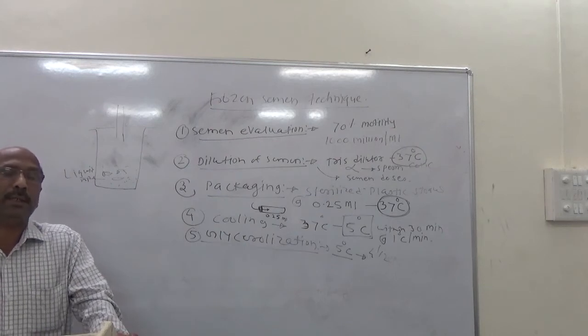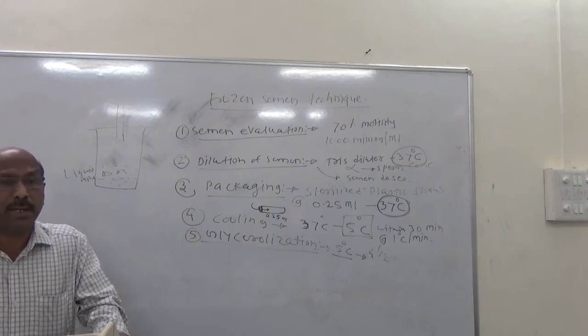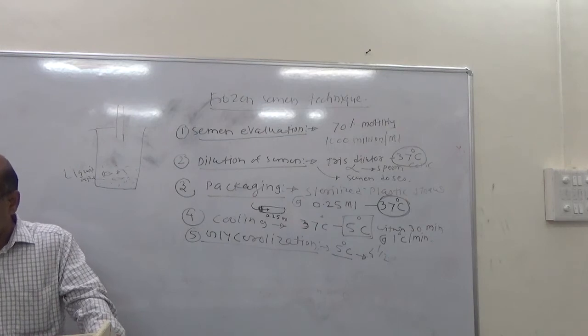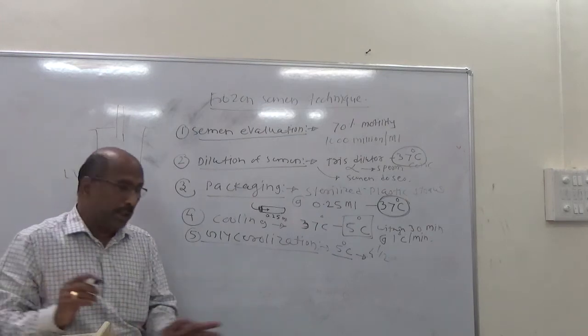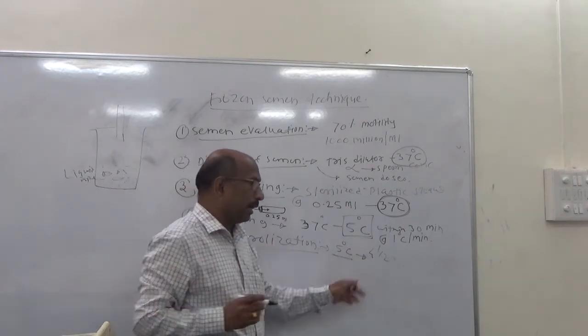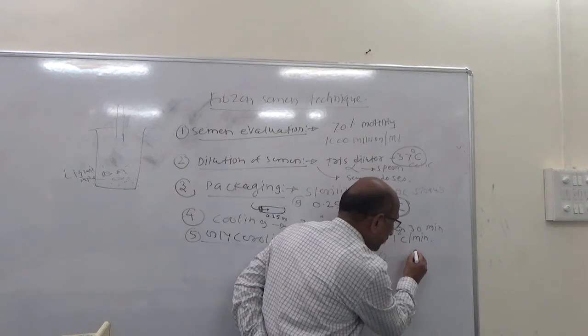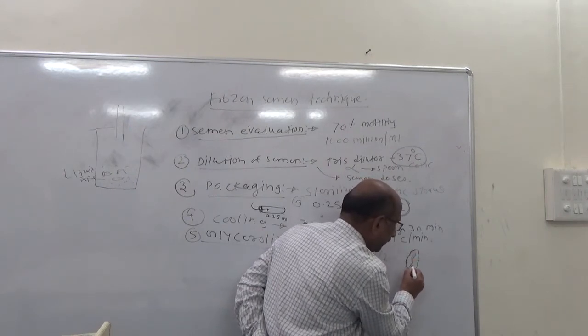This period of 4.5 hours is known as the glyceration period because during this time the spermatozoa react with the glycerol, which is added into the diluter.